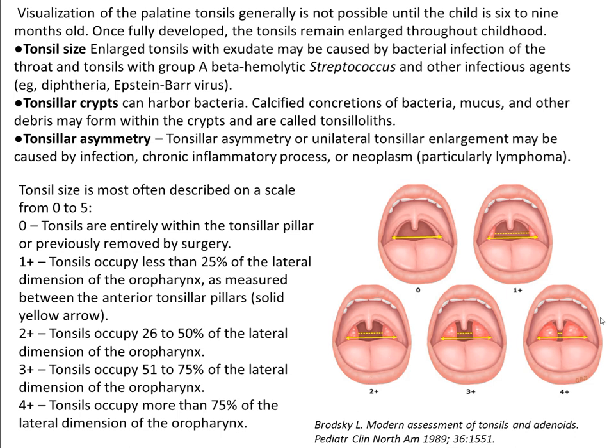2. Tonsils occupy from 26 to 50% of lateral dimension of the oropharynx. 3. Tonsils occupy from 51 to 75% of lateral dimension of the oropharynx. And 4. Tonsils occupy more than 75% of the lateral dimension of the oropharynx.